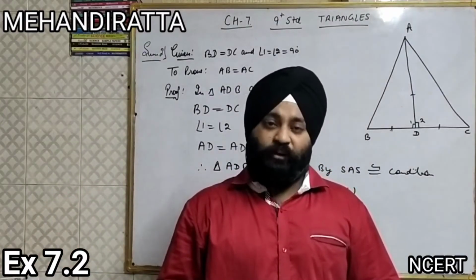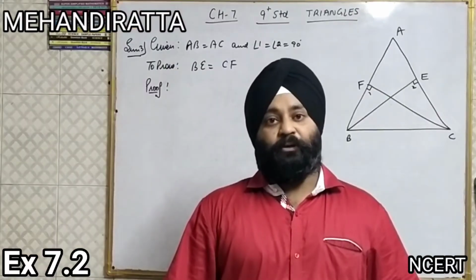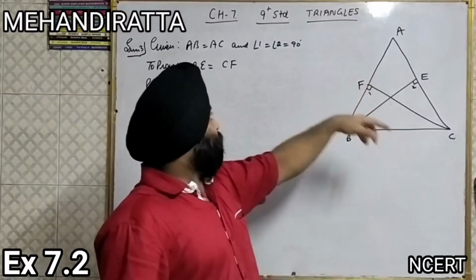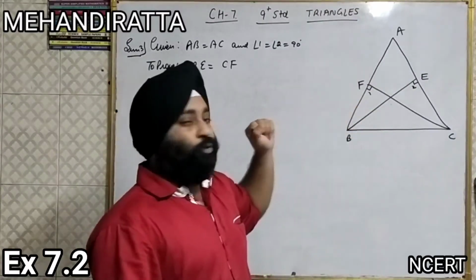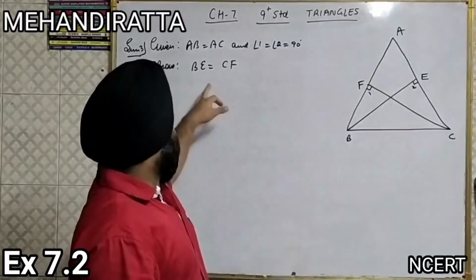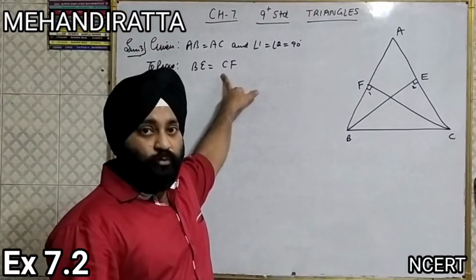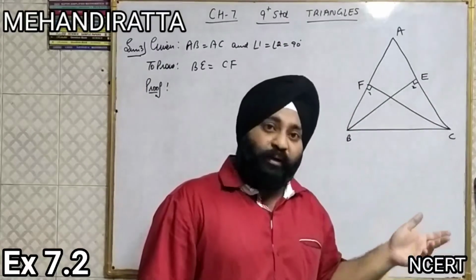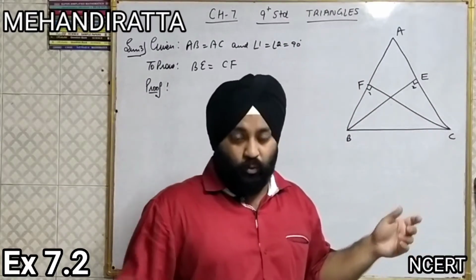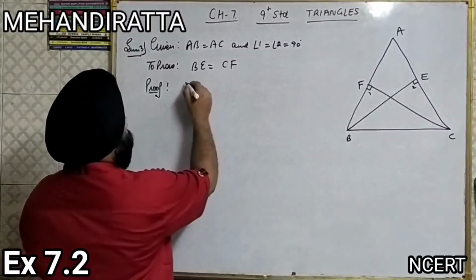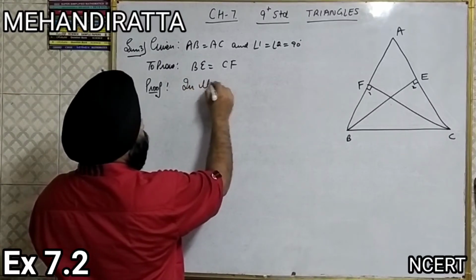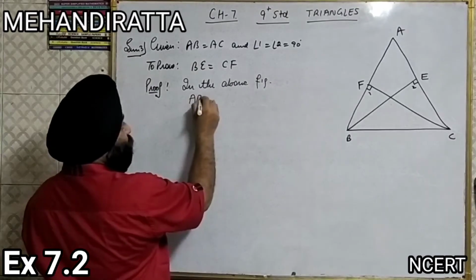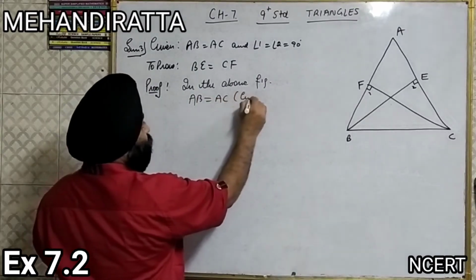Now sum number three. In the third sum, AB equal to AC is given and angle 1 equals angle 2, each 90 degrees, given. We have to prove BE equals CF. BE and CF are altitudes. We have to prove that these altitudes are equal. So in the above figure, AB equal to AC given.